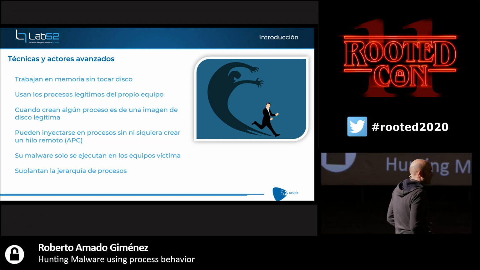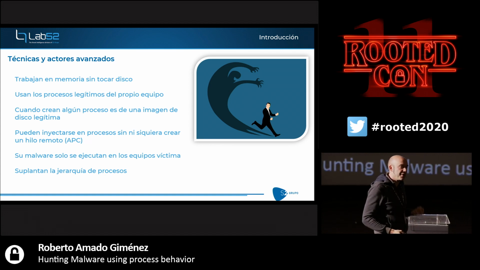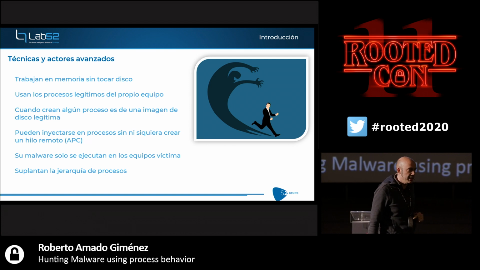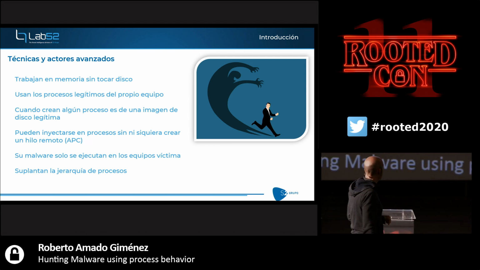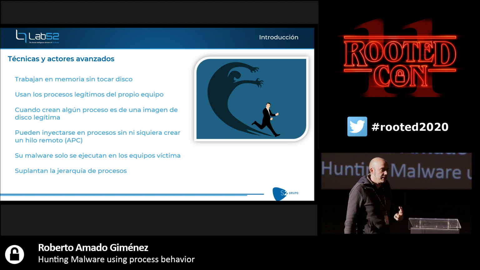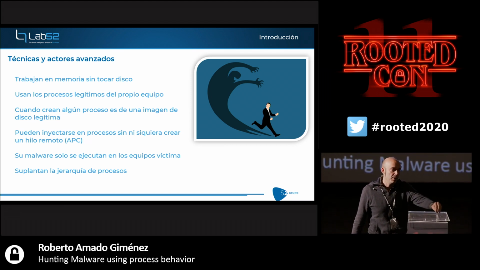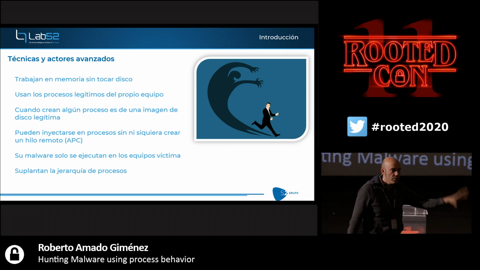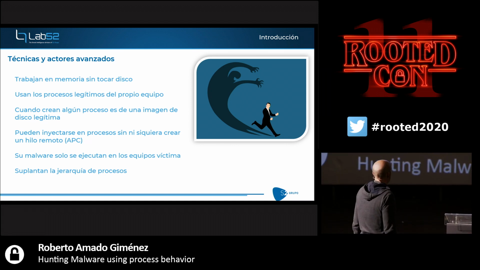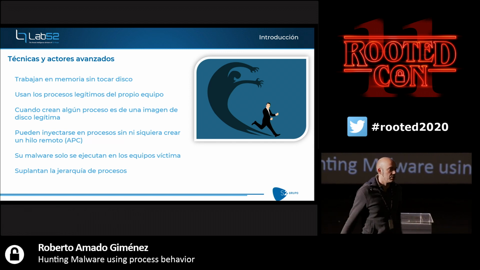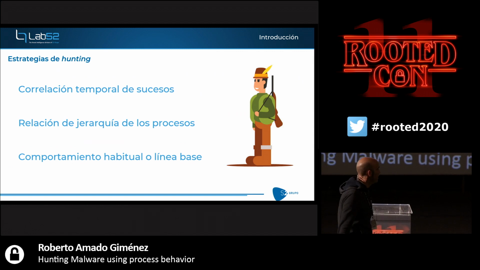We also have that they might be injected within processes without creating threads, with the APC techniques, so there's no thread. So their malware is executed only in the victim equipment. So it is executed there, and it works only for that machine. And above all, they replace the hierarchy of processes. So how do we fight against that?